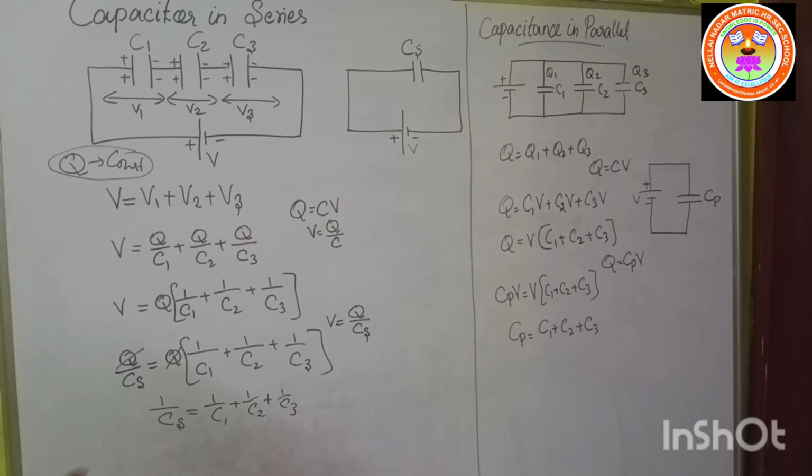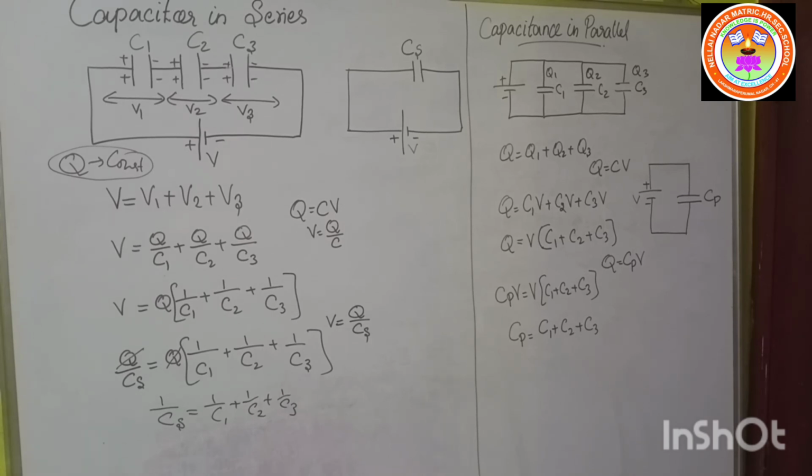So the value of CS, if we calculate it, is always less than the individual capacitance. Understand? Next you are going to calculate the capacitance in parallel.